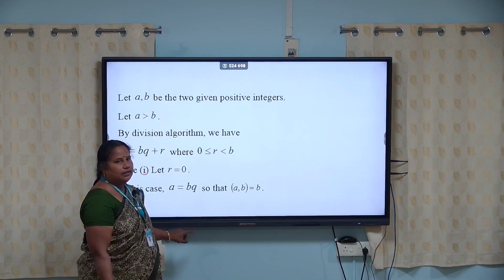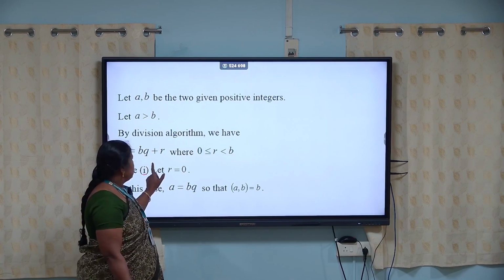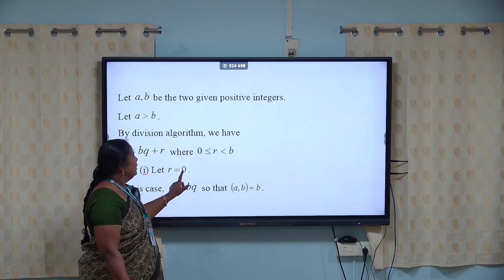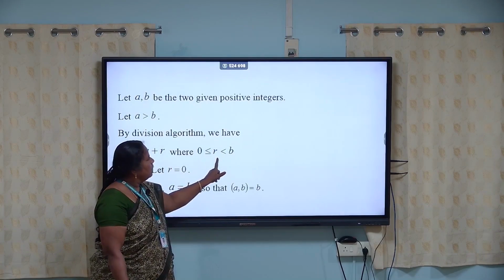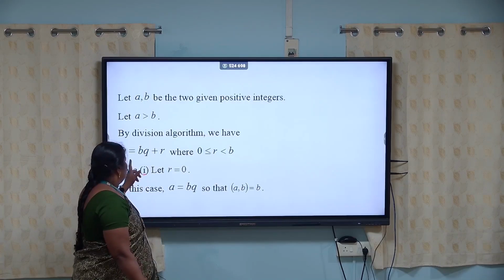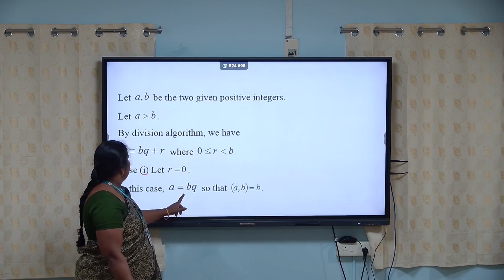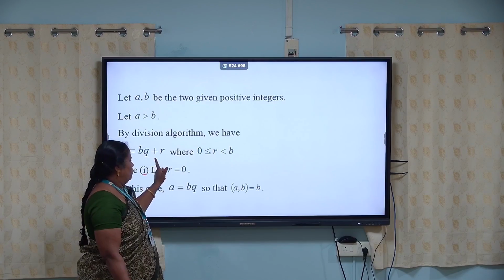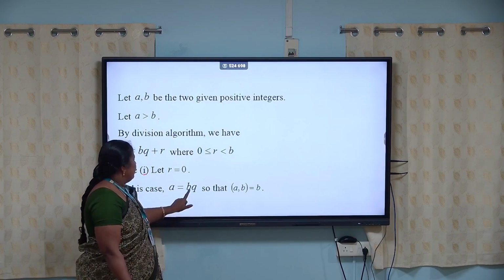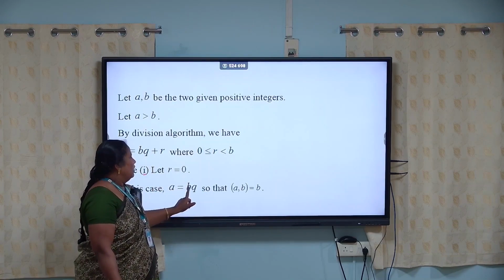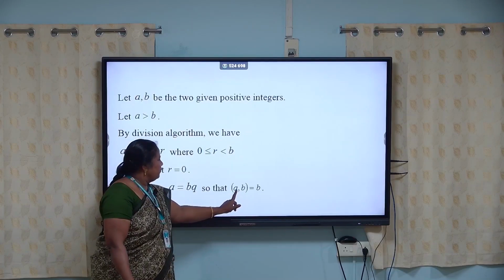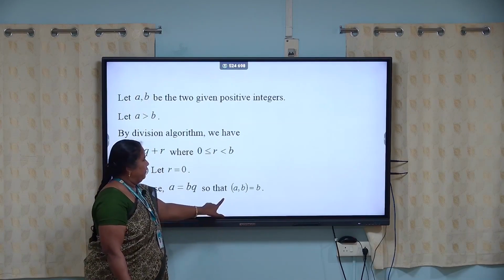By the division algorithm, we have a is equal to bq plus r, where 0 is less than or equal to r, less than b. Now we take r equal to 0. In this case, a is equal to bq. That means b is a factor of a. Hence, the HCF of a and b is equal to b.